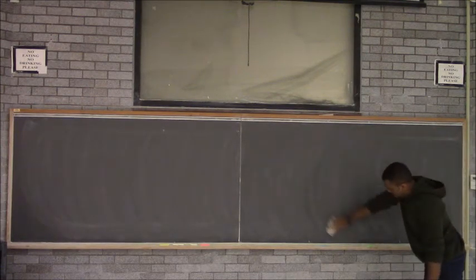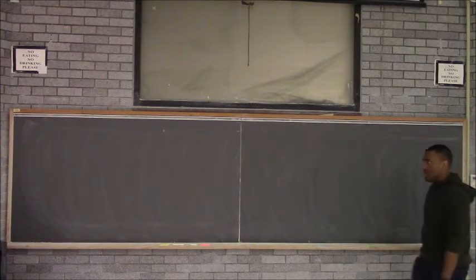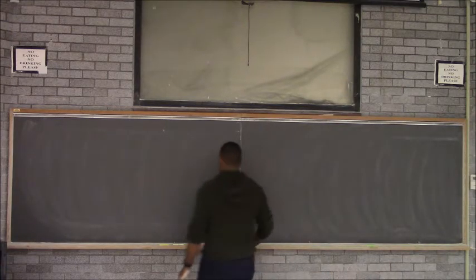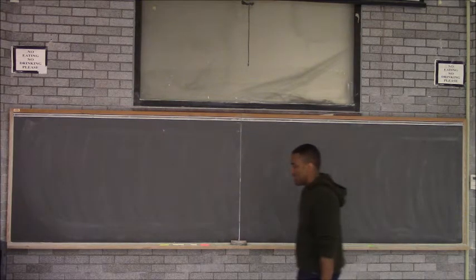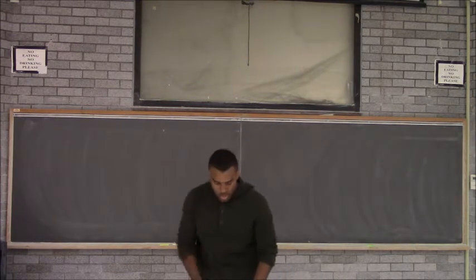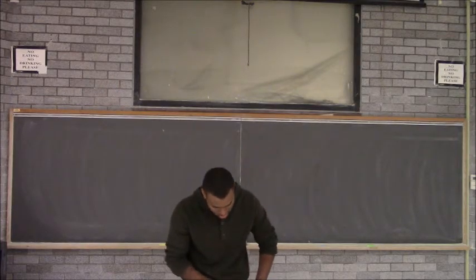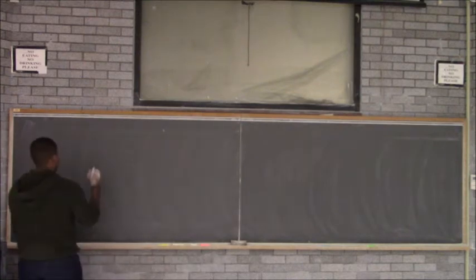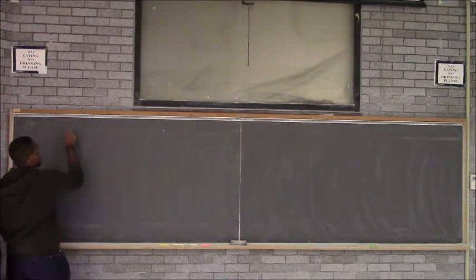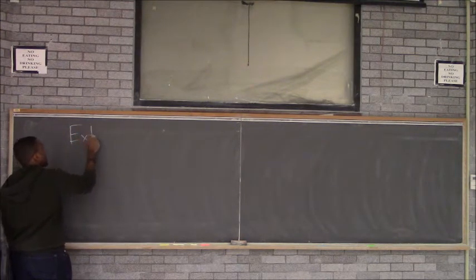Other people would start at something else and prove it, but that is probably outside the scope of calculus 1. So we will be calling this thing a theorem, but it's more or less going to be an axiom for us. It just makes sense for that to be the case. It's a very important theorem though, called the extreme value theorem.